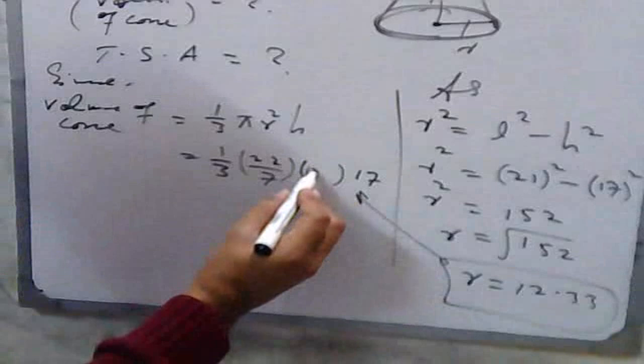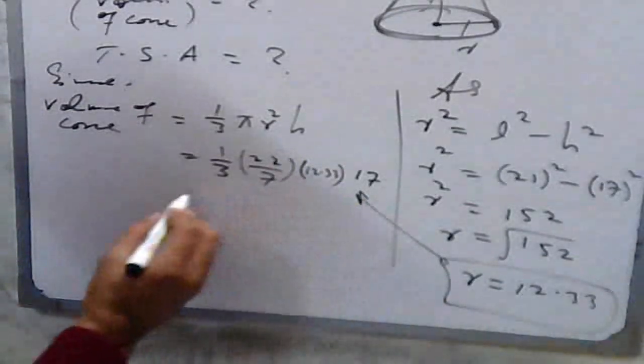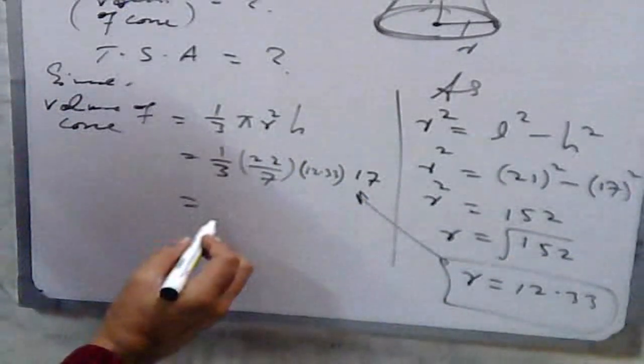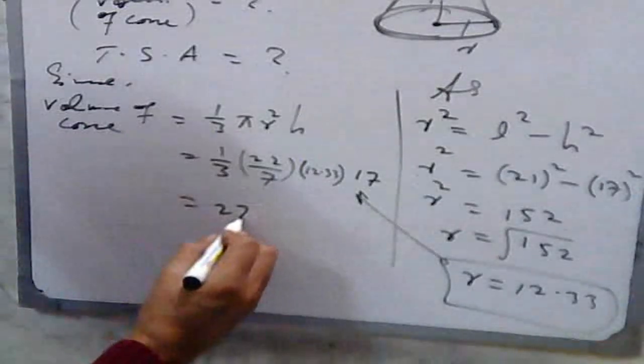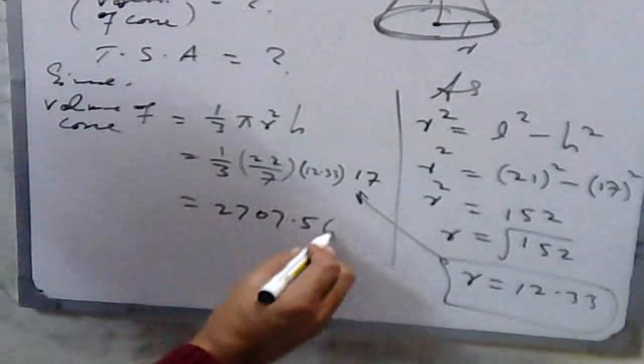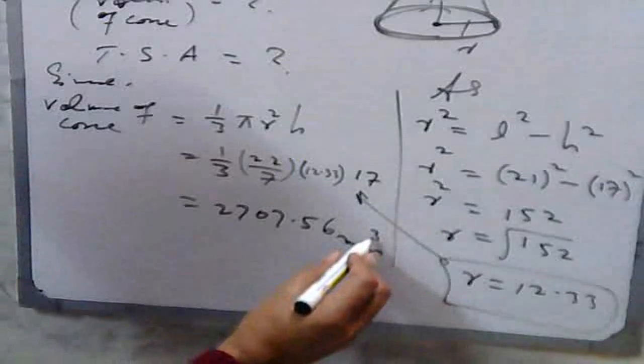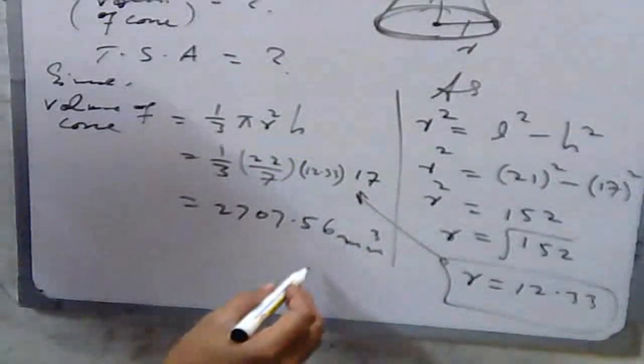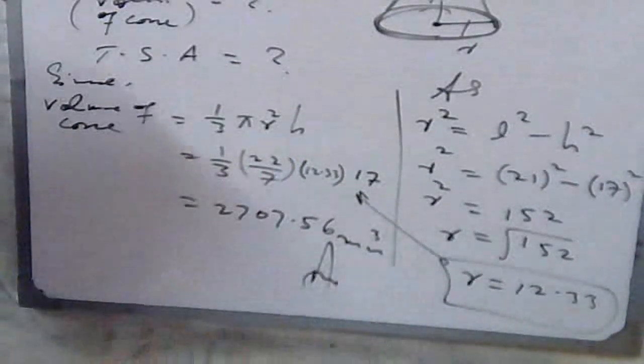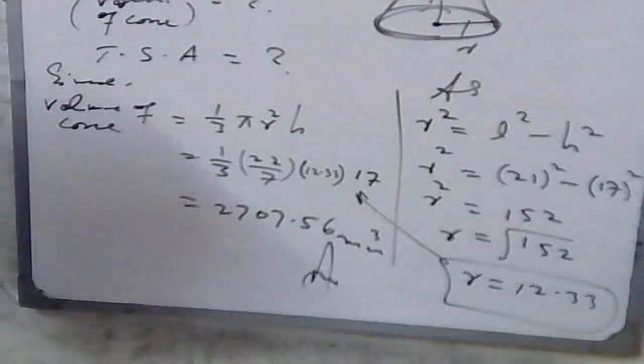This r value is used here, and after simplification you will get 2707.56 millimeter cube. So that is one answer, but we have to find the total surface area also.